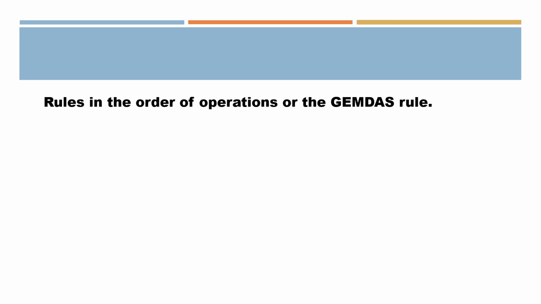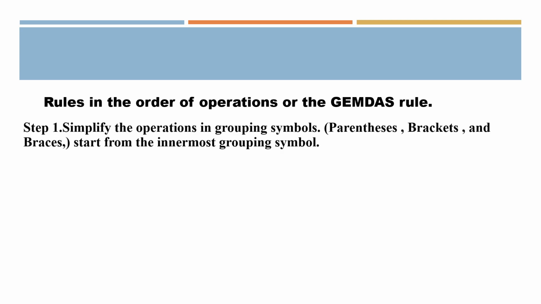Rules in the order of operations, or GEMDAS rule. Step number 1. Simplify the operations in grouping symbols. What are the grouping symbols? Parentheses, brackets, and braces. Start from the innermost grouping symbol.